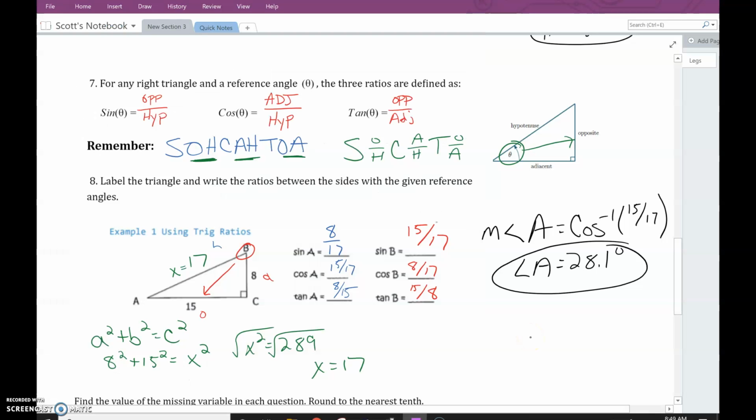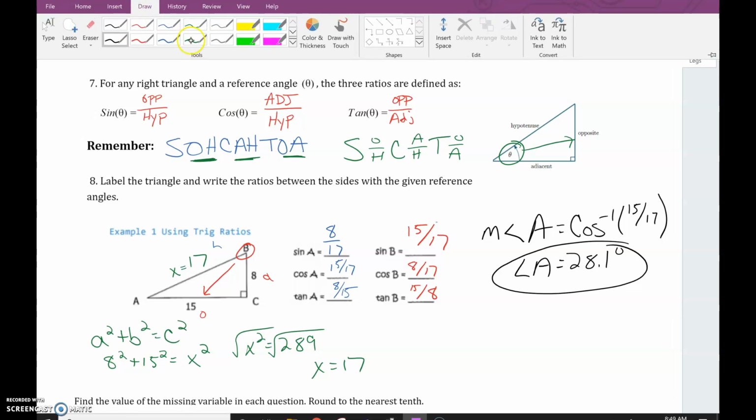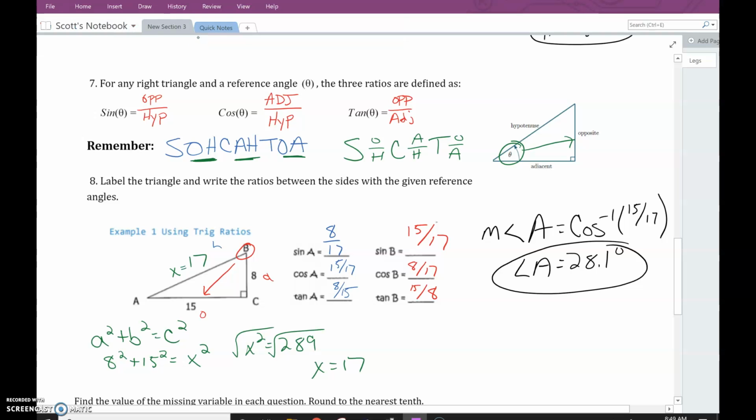All right. If I want the measure of angle B, I can use any of these ratios here because they use angle B. So I'm going to use the tangent one this time.